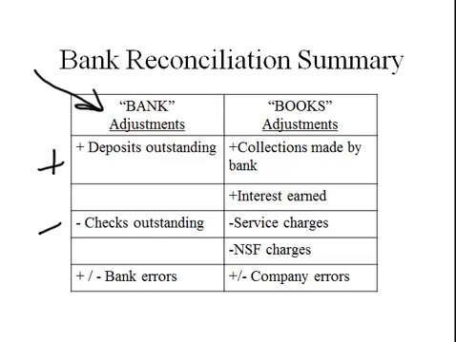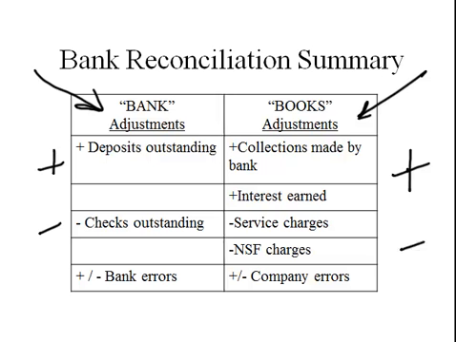The timing difference is a lag; the bank has not yet made these adjustments but needs to. Conversely, we will adjust our book balance for things the bank knows about but we have not yet accounted for. Increases include collections that the bank makes on our behalf and interest credited to our account. Reductions include service charges and non-sufficient fund checks.